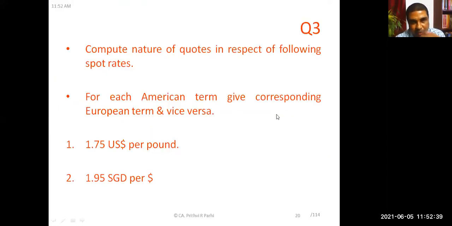Now I am giving you a question, and you have to solve it right now. Compute the nature of quote in respect of the following spot rates. Spot rate means the current rate. For each American term, give the corresponding European term and vice versa. First, tell me, 1.75 US dollar per pound. Is it European or American?